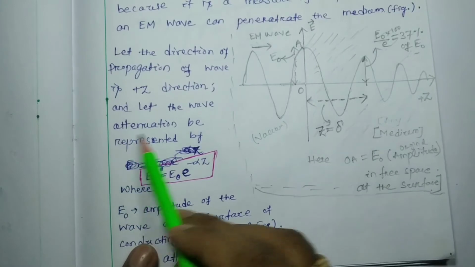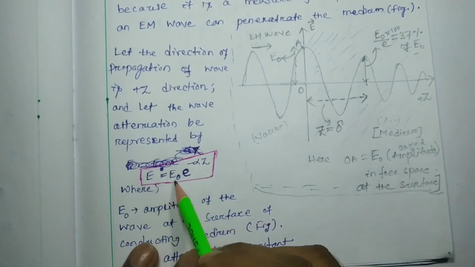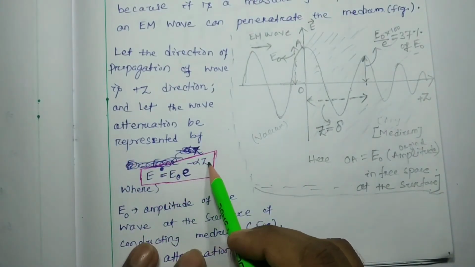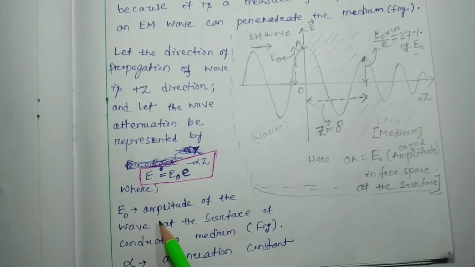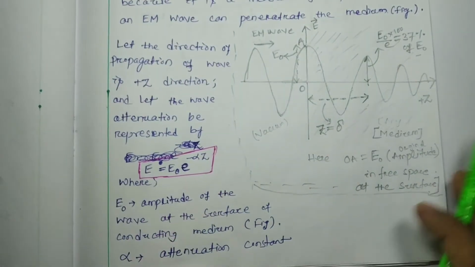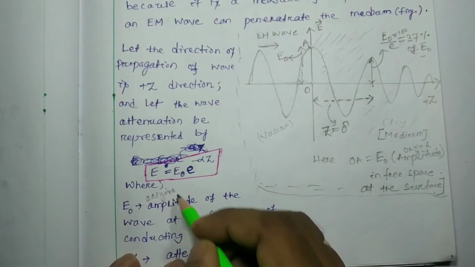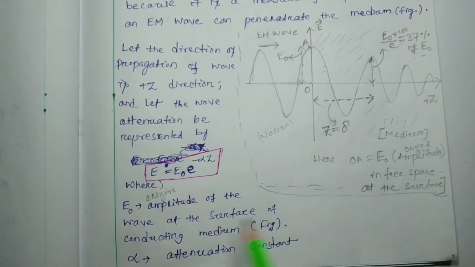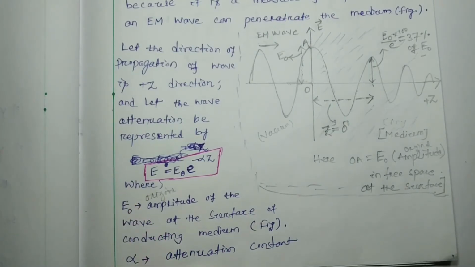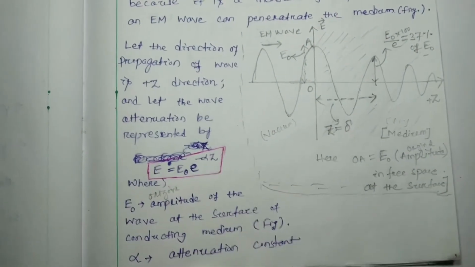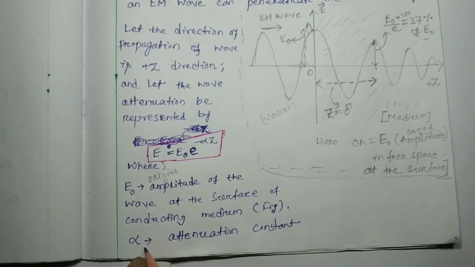The attenuation is represented by E equal to E0 e to the power minus alpha z, where E0 is the original amplitude of the wave at the surface of the conducting medium, that is, the amplitude in the vacuum, and alpha is the attenuation constant that we know.